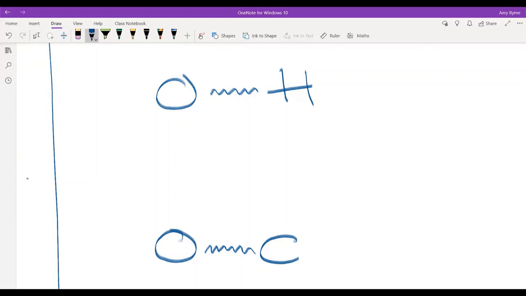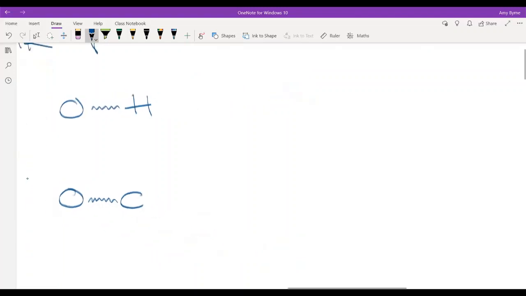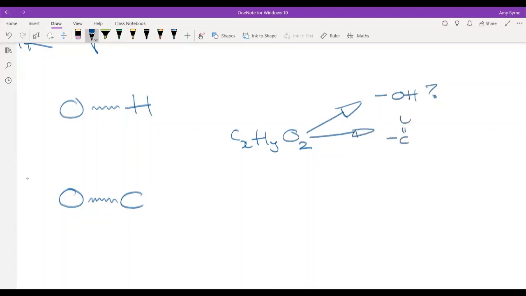The reason that I would suggest looking at the IR spec after you determine the molecular formula is that if you know you've got 2 oxygens in a carbon compound, there are a couple of different things. It could be an alcohol, it could be a carboxylic acid, it could be a ketone, could be an aldehyde.